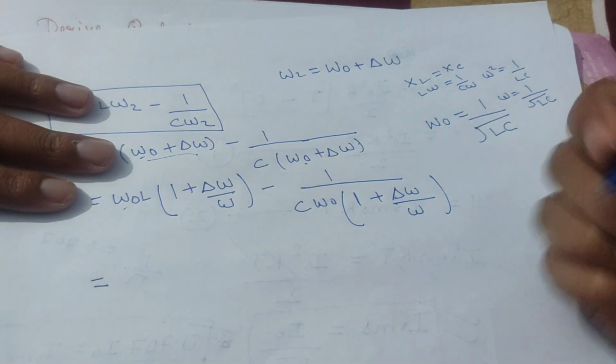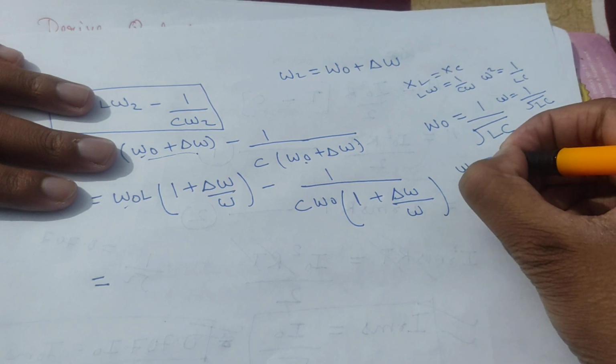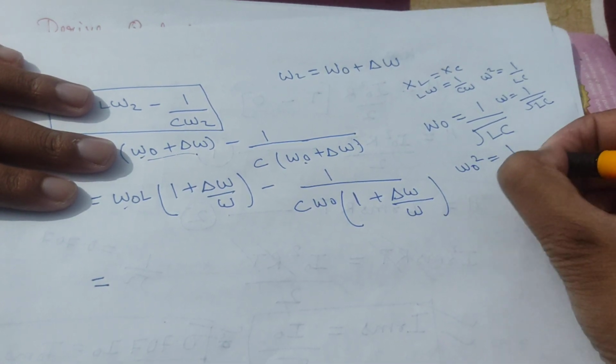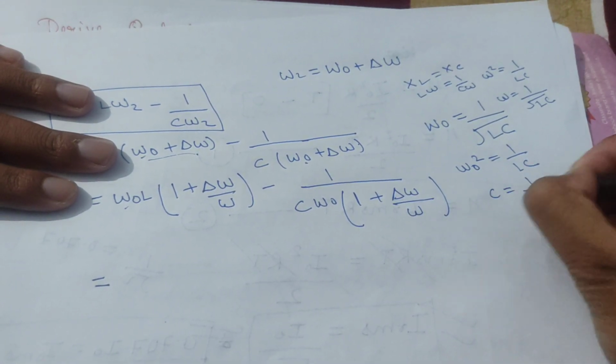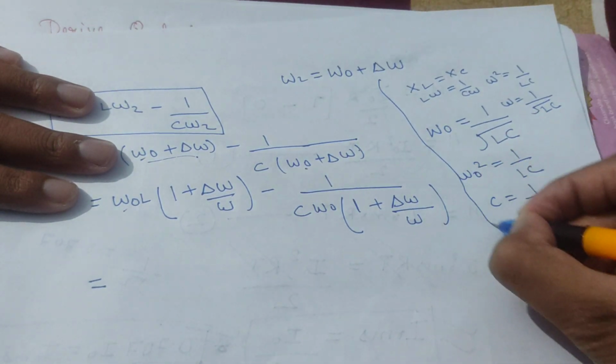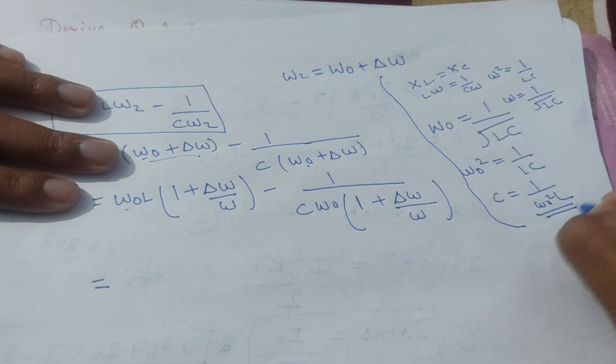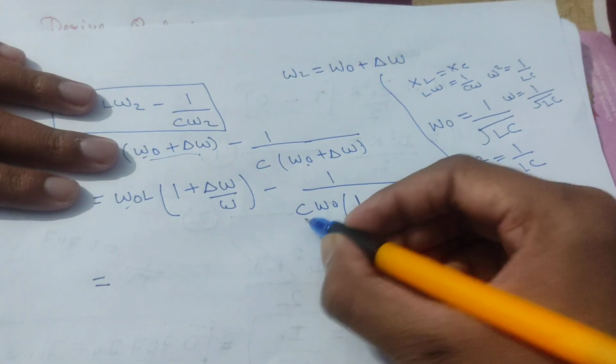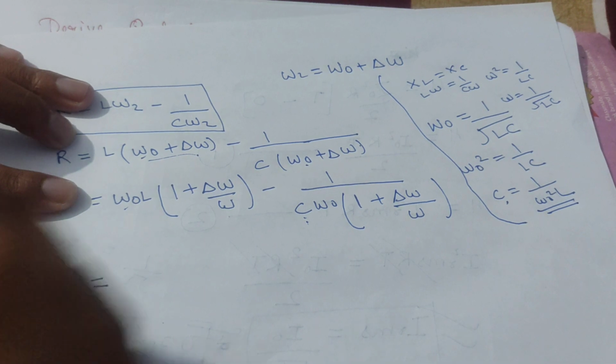That's why it is here. So when we square both sides, it becomes 1 by LC equal to omega naught square, so C equals 1 by omega naught square L, okay. From this conclusion, we can write the C value here, okay.